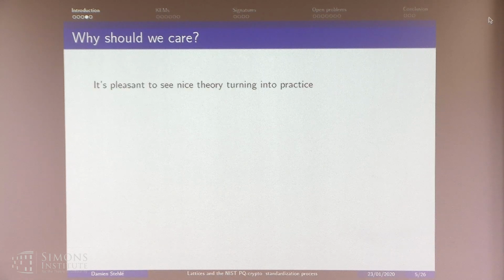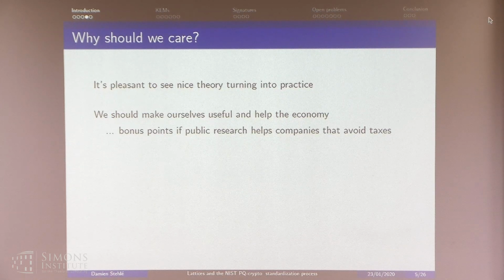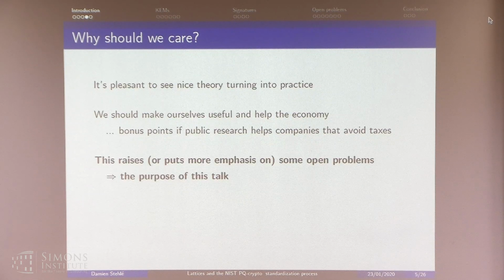Okay, so why should we care? It's nice to see interesting theory turn into practice. It's always good. A comment that I hear in my family very often is that I should make myself useful because I'm paid by the state, so maybe I should help the economy somehow. I guess I get bonus points if that public funding helps companies that avoid taxes. And maybe more seriously, this raises some interesting problems or puts more emphasis on existing open problems.